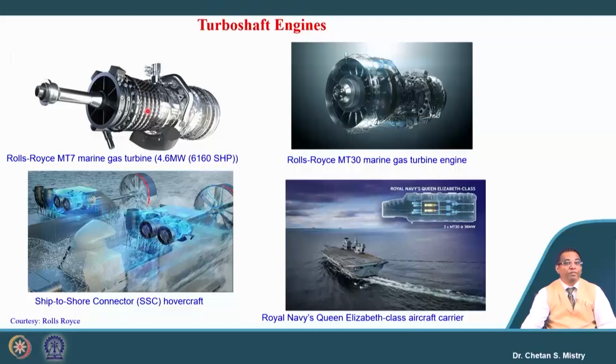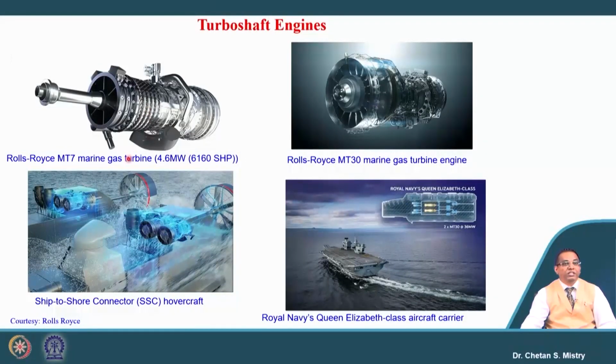Now you will be surprised: these gas turbine engines we are discussing are all aeroderivative gas turbine engines. What is the meaning of aeroderivative? That means these engines were initially designed for aircraft purposes, and later the same engine is used for power generation.